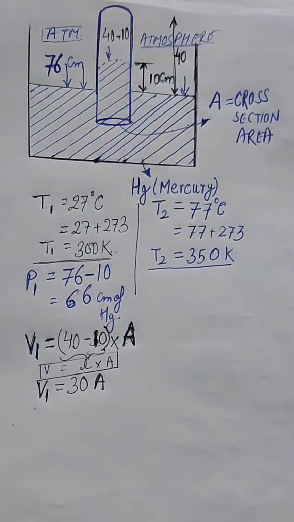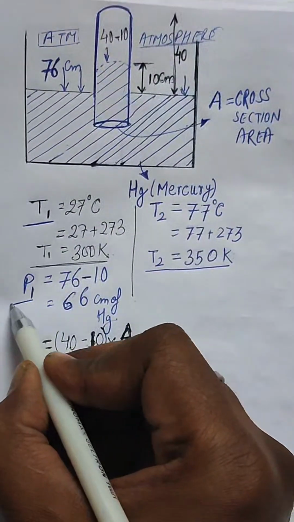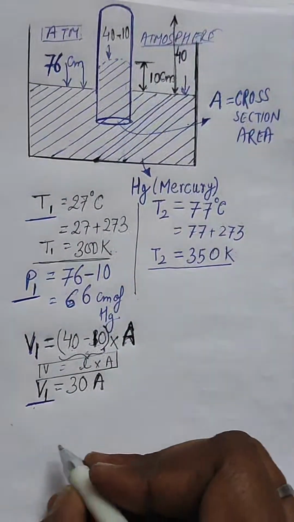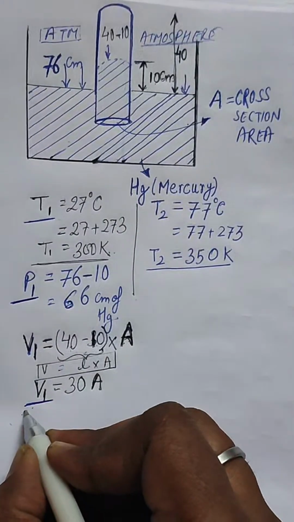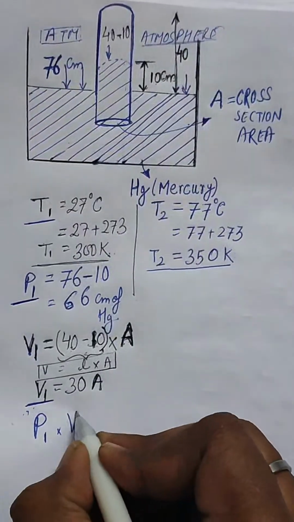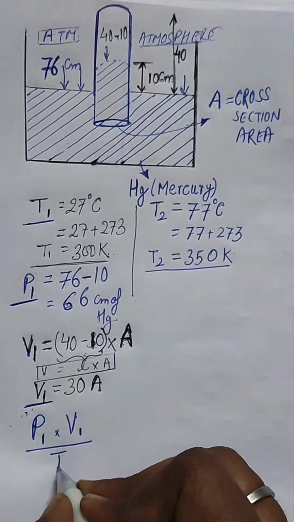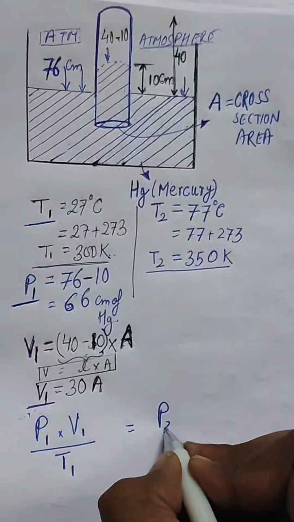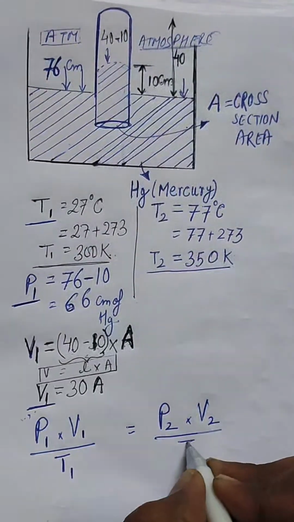and this is the value of V1. Now we have T1, we have P1, we have V1, right? So just think like this using the Gay-Lussac's law. What is that? P1 V1 by T1 will be equal to P2 V2 by T2.